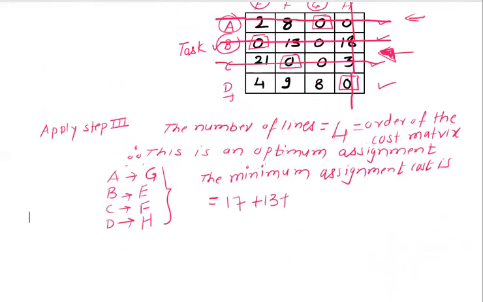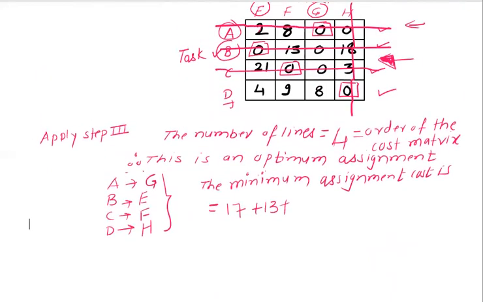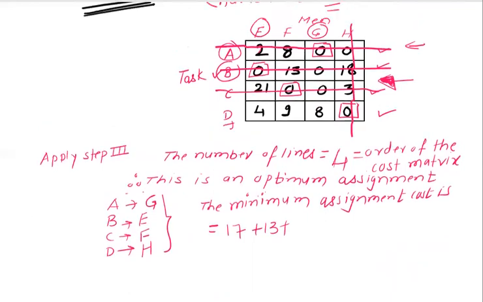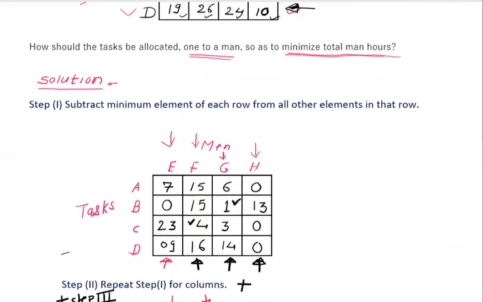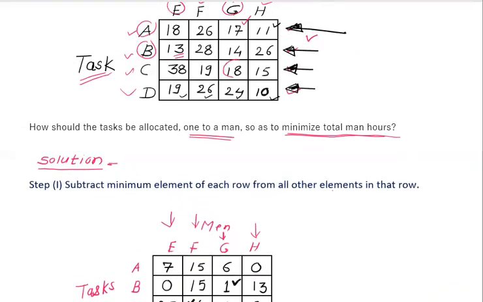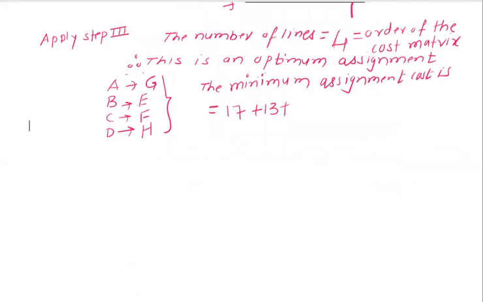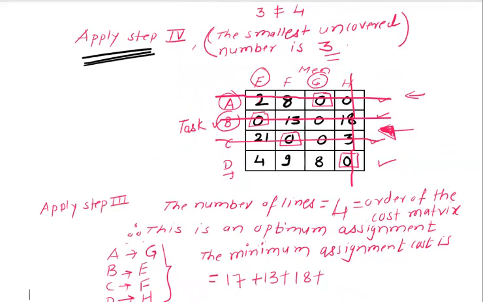Then the next task, C, is assigned to the person F and the cost of assignment is in the cell C32 in the original matrix, that is 18 is the cost. So plus 18, and for the last job, the assignment is made in this cell, that is in the fourth row and fourth column, C44.